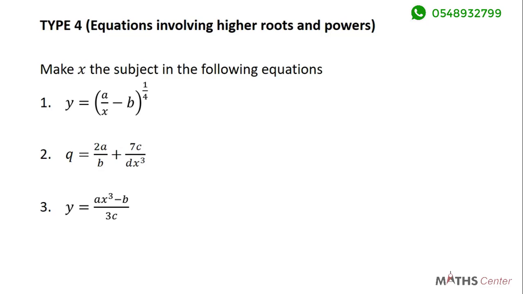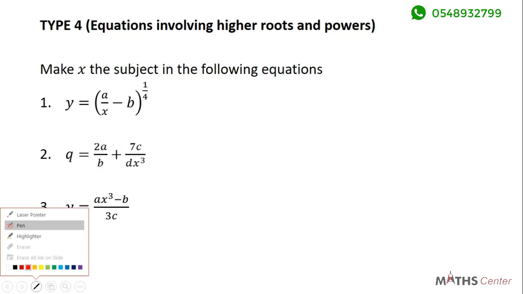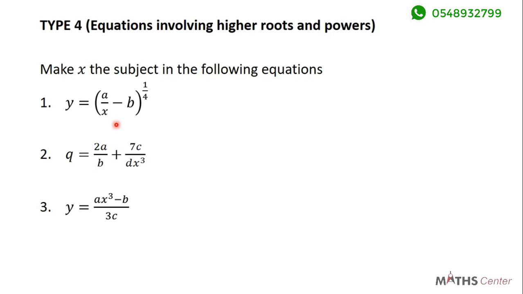Change equations involving higher powers or roots, and that is the fourth type. That is the last type of equations we will be considering. Now, what do we mean by higher powers or roots? In the previous equations, we were considering square roots and squares.